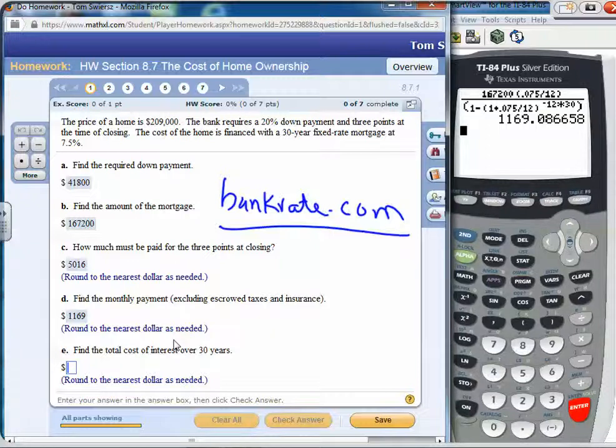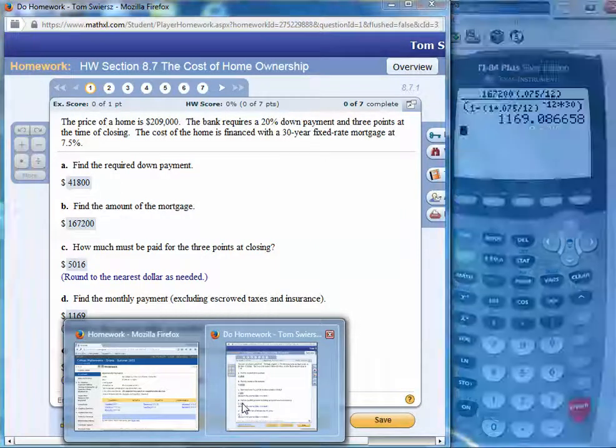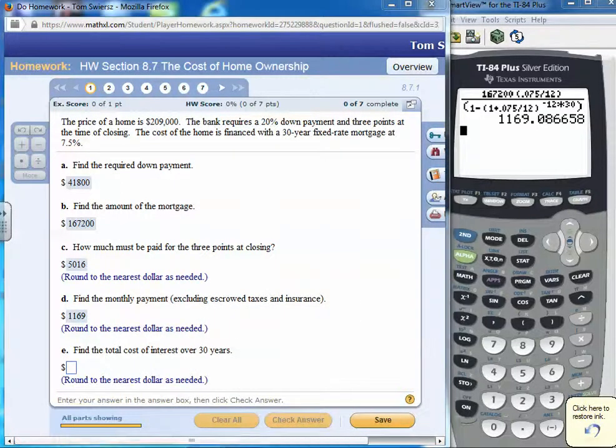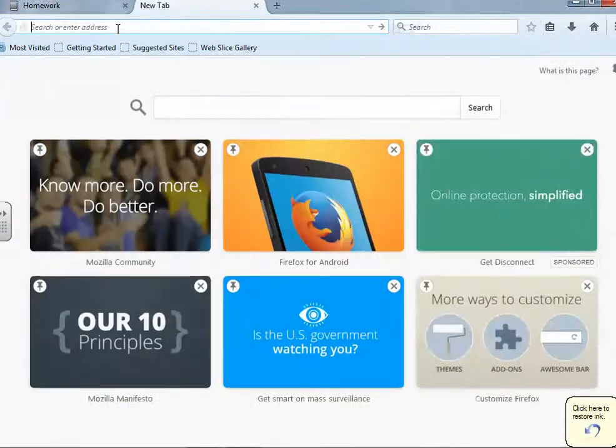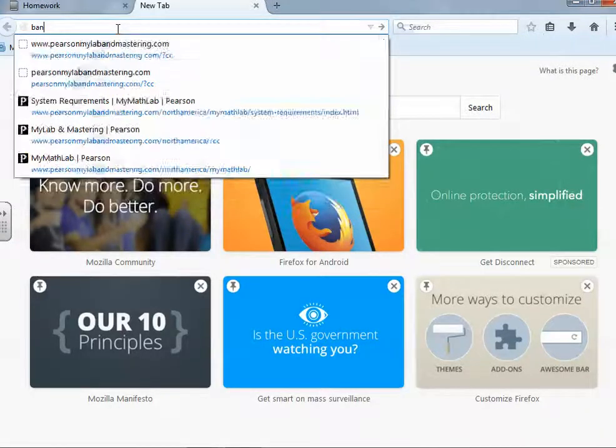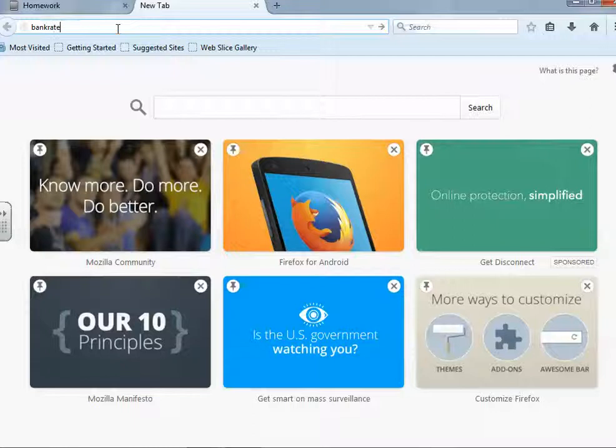The rate is 7.5%, and it's 30 years, right? So we'll remember that. So we'll open up bankrate.com.